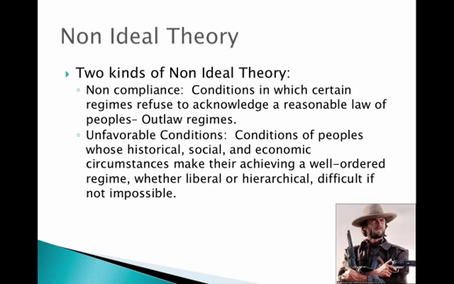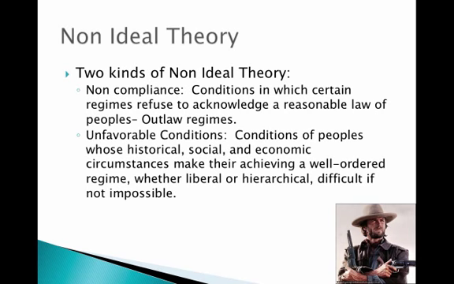These are conditions of peoples whose historical, social, and economic circumstances make achieving a well-ordered regime, whether liberal or non-liberal, instead hierarchical, difficult if not impossible. It's hard to have a democratic utopia when you don't have enough water to go around for everyone. Basic resources. So this is true of many parts of the third world today. Even if they don't have a brutal dictator in charge, there's a lack of resources needed.